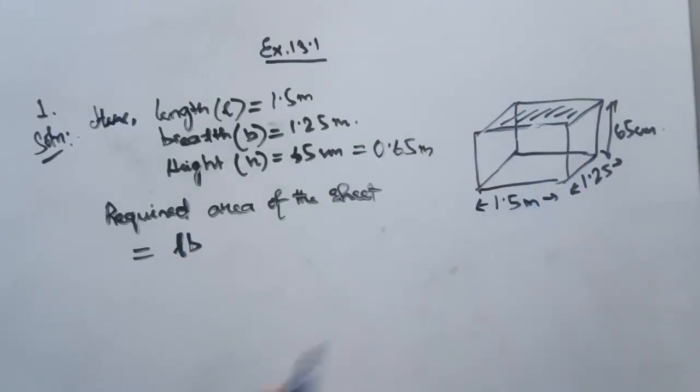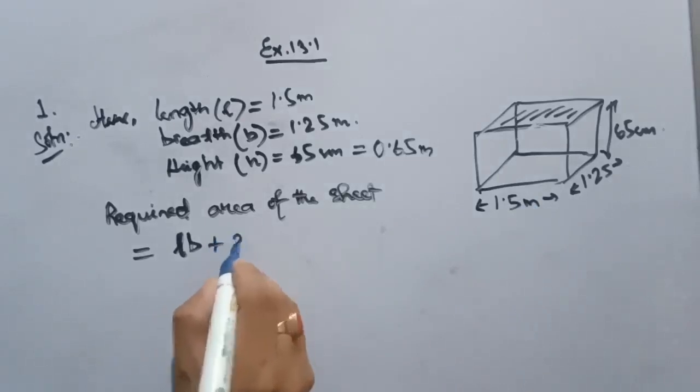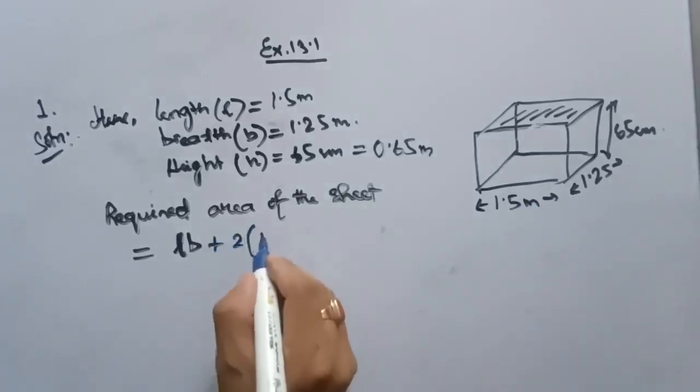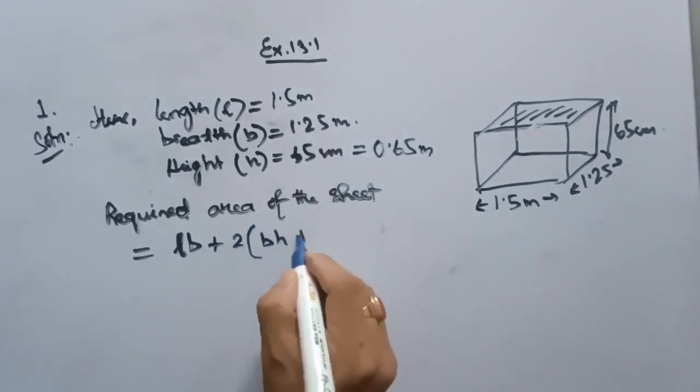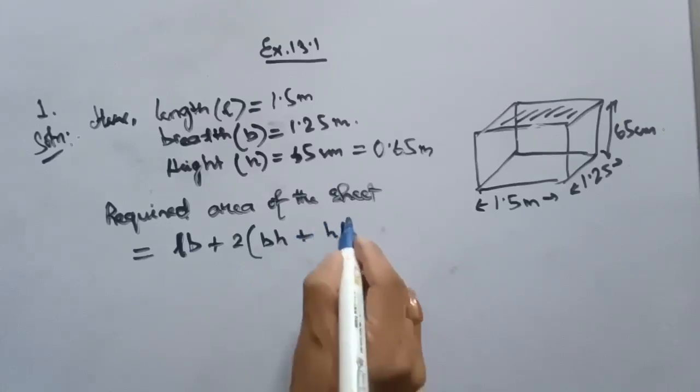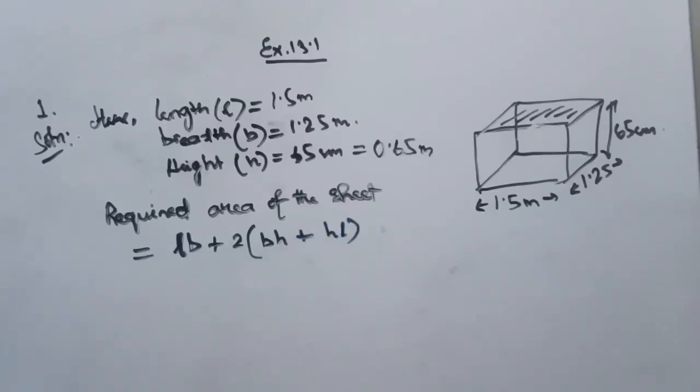So there will be 1 time length into breadth plus 2 times breadth into height plus height into length.